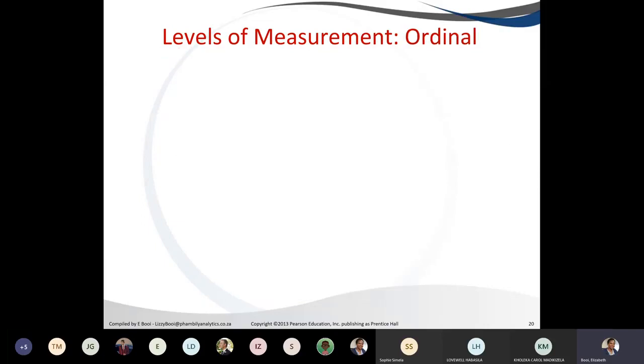Then we have another level of measurement, which is ordinal. It's also a categorical variable, and it has an order or rank to it.